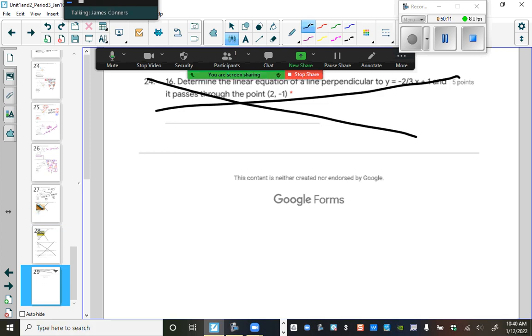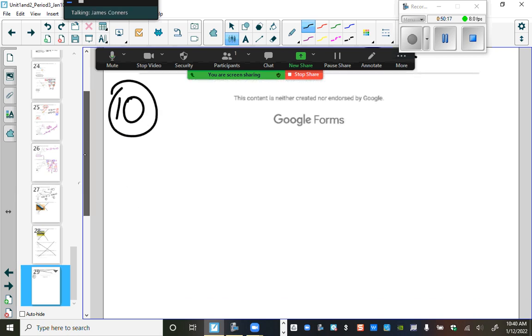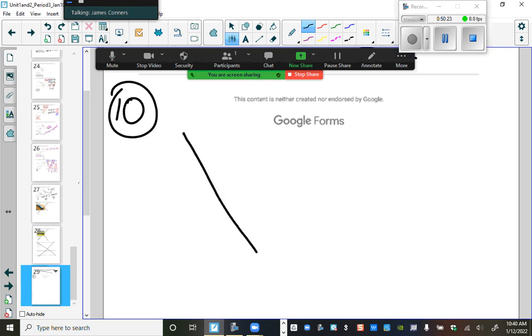Since 10 and 11 will skip, this is gonna be problem 10. This is gonna be a different problem, so you're gonna write this one down.